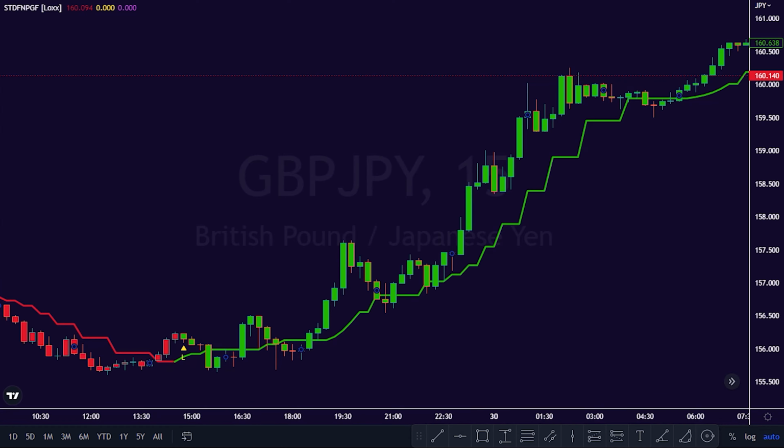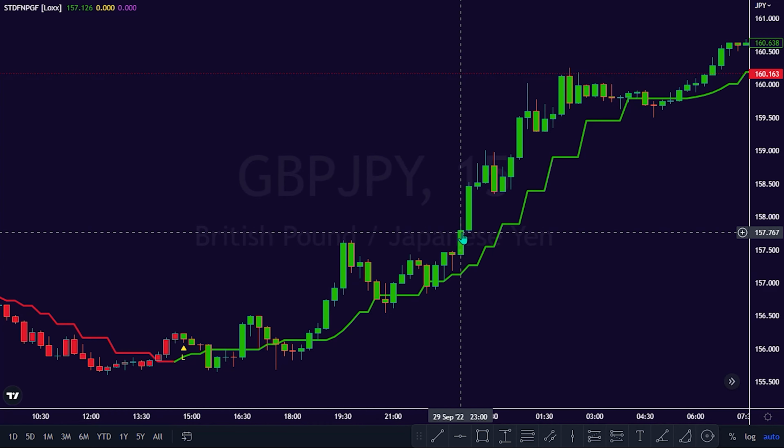To buy with the Gaussian filter indicator, I will watch out for a strong bullish trending market on the 4-hour chart. Then proceed to the 15-minute time frame. If there's a bullish pullback to the Gaussian filter indicator green line, then I will buy if there's a strong bullish price action rejection from the retest of the Gaussian filter indicator green line.